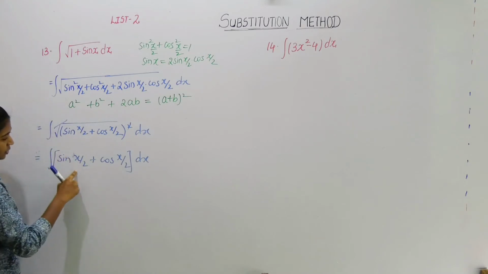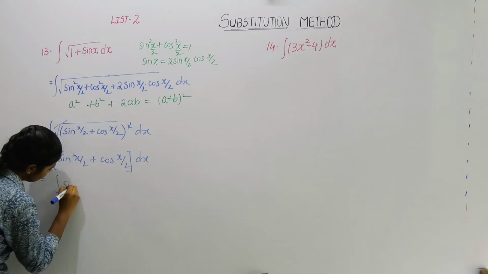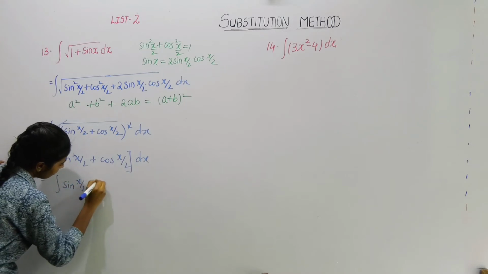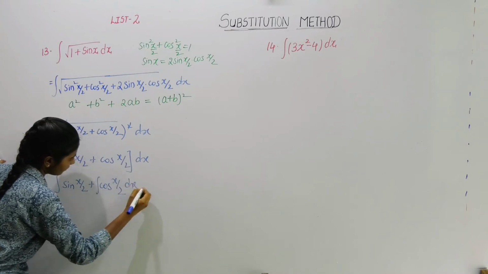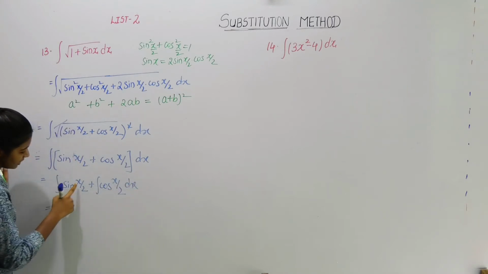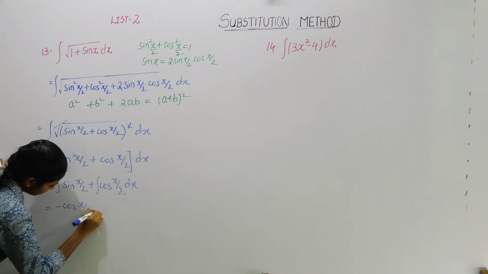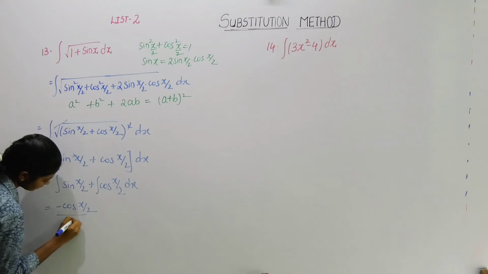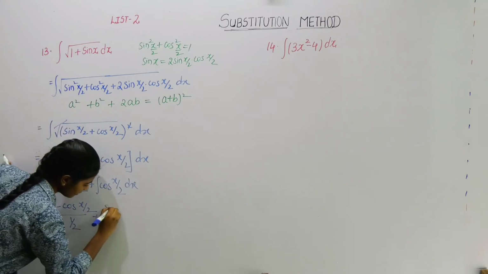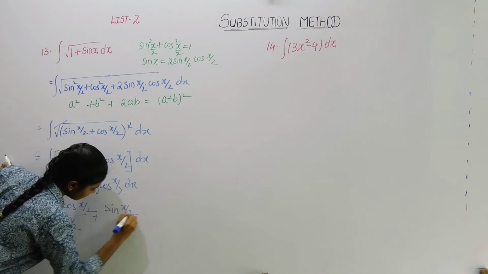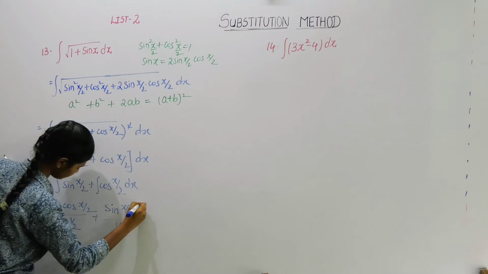Now, on separating integration for each term, we get integral sin x by 2 plus integral cos x by 2 dx. We know the formula for integral sin x by 2. It is minus cos x by 2, divided by the coefficient of x, which is 1 by 2, plus integral cos x by 2, which is sin x by 2, divided by the coefficient of x, 1 by 2.